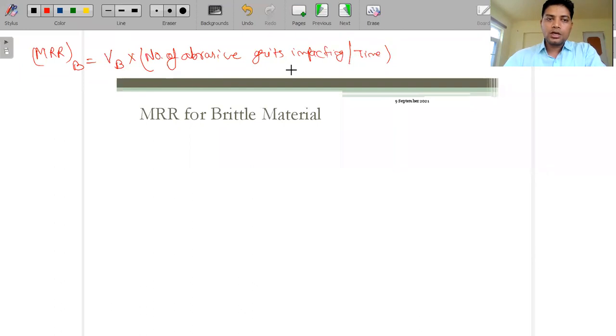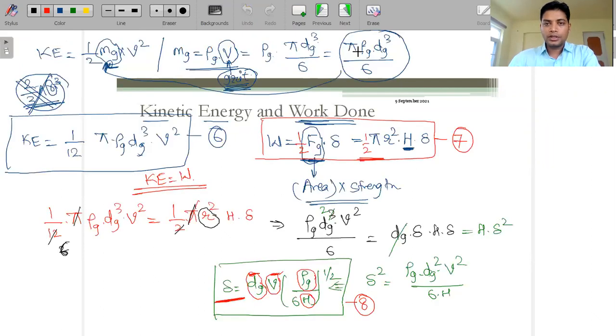So this is how we can calculate the number of abrasive particles or grits impinging over the workpiece surface per unit time. That is the mass flow rate upon the actual mass of that abrasive particle. So this is VB into the mass flow rate, m dot g, upon the mass of that particle, mg.